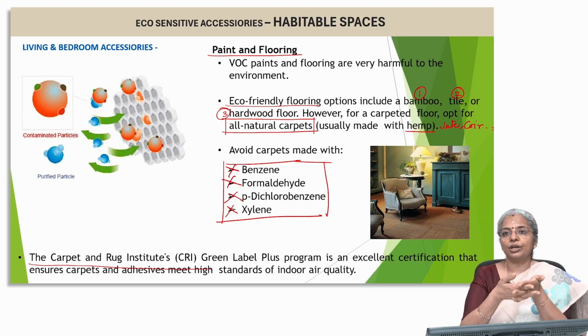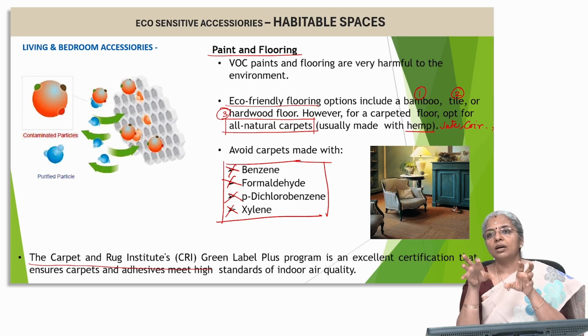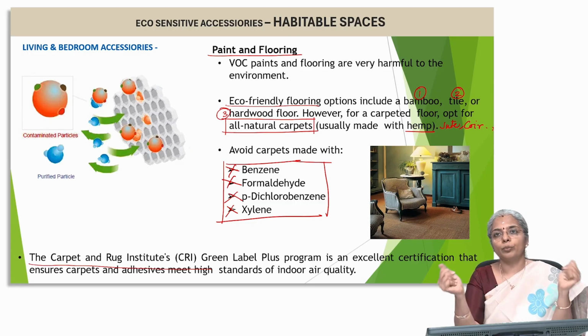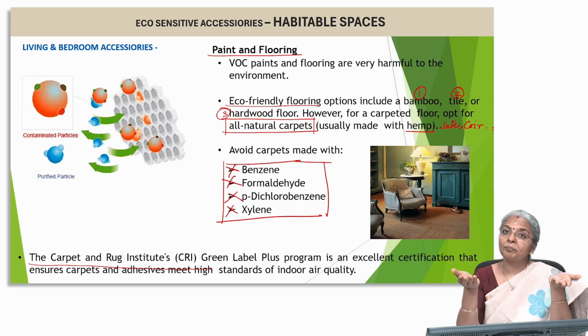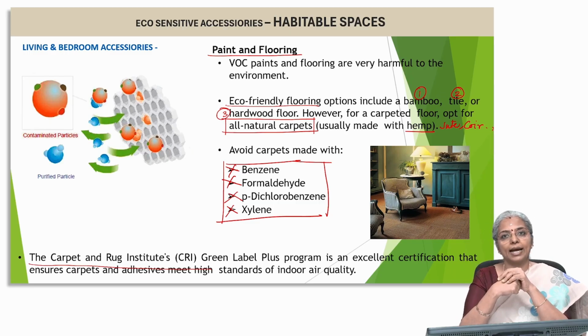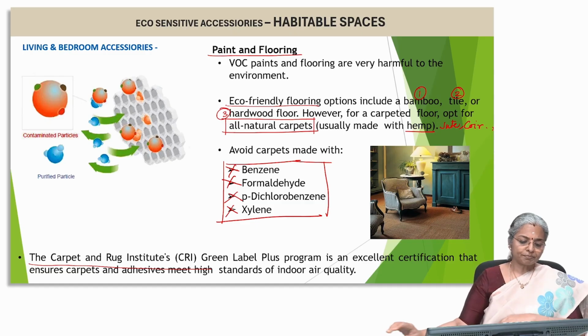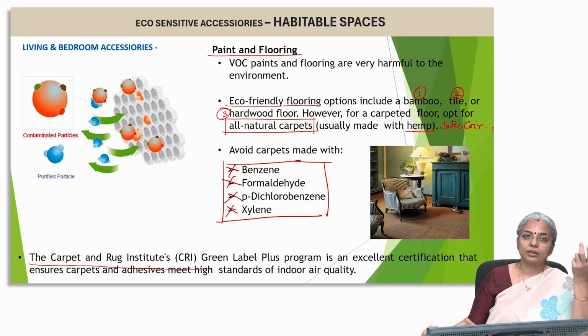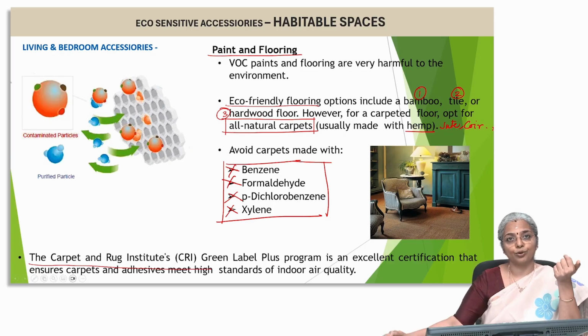So, we should not try to get a beech species or a walnut species in a hot and humid climate, where that is not the natural wood or natural tree that goes in that particular place. So, you should be very clear about the nature of carpet that you have and also the material that is used for cleaning these carpets.